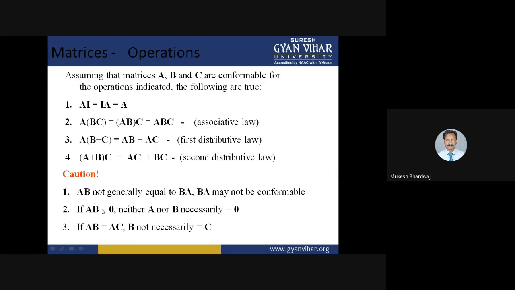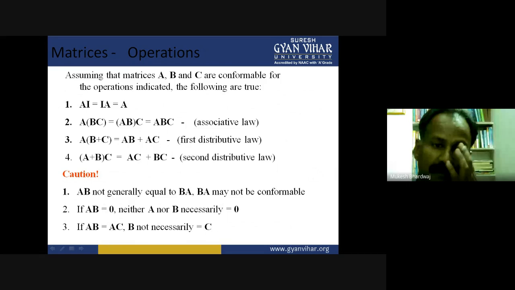So we cannot say that if A multiplied to B, then B can be multiplied to A. Second, if AB is equal to 0, this means neither A nor B is necessarily equal to 0. If AB equals AC, we cannot say that B is necessarily equal to C.